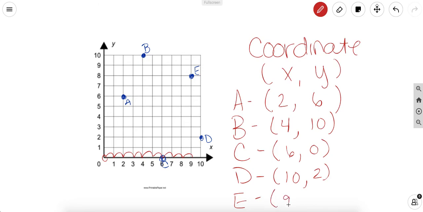So parenthesis 9, comma. And then we go up 1, 2, 3, 4, 5, 6, 7, 8. 8 times. Okay, so that is just writing coordinates, right? If we're given dots, we have to write the coordinates in number values. So that's one way of doing it.